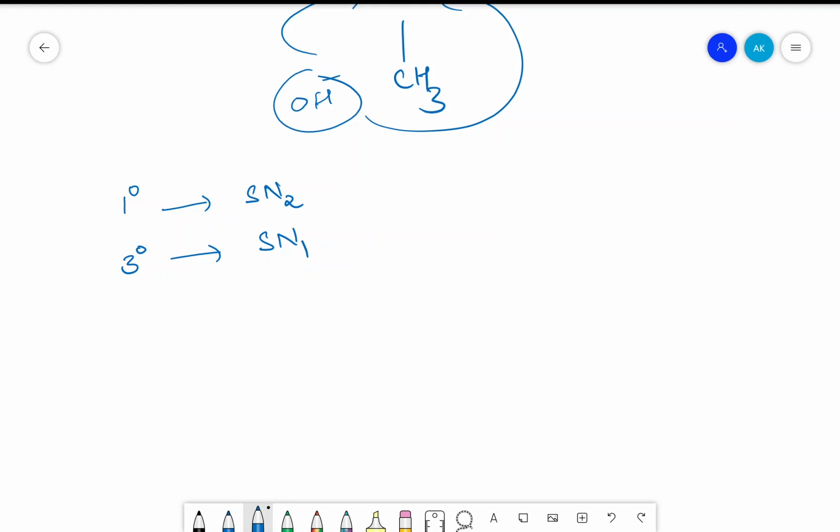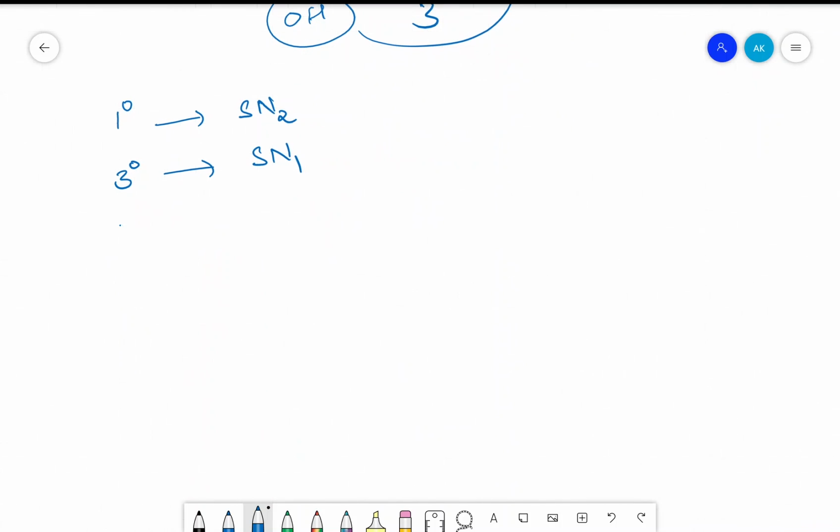In general, secondary alkyl halides are more likely to react by SN2 mechanism, but it is not possible to predict this with certainty. Secondary alkyl halide can react by SN2 or SN1, depending upon the conditions we supply.